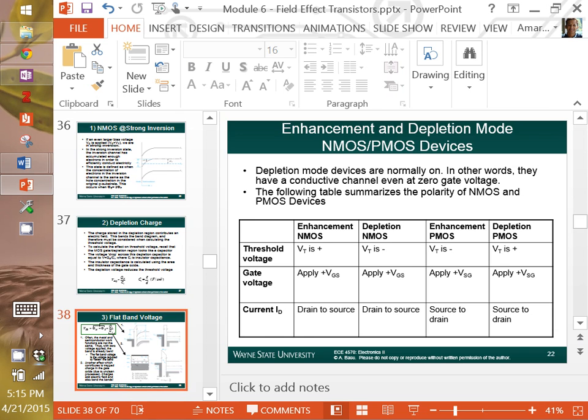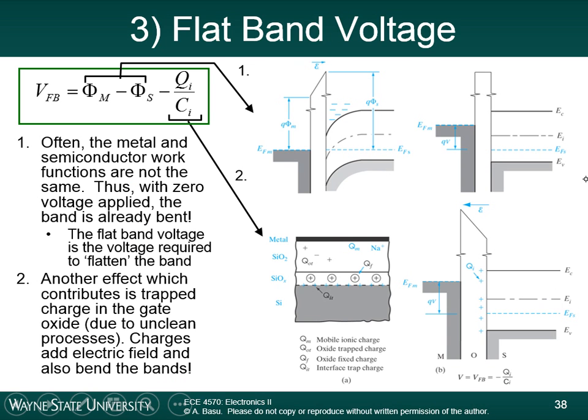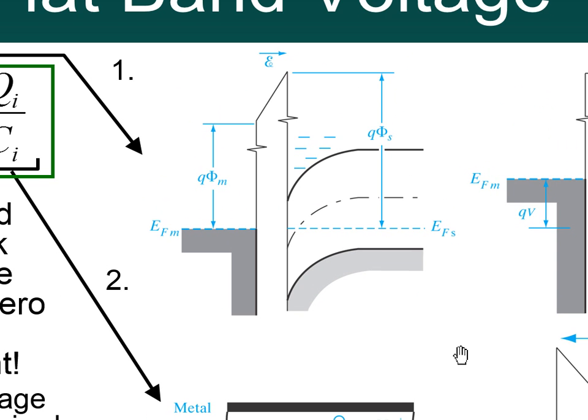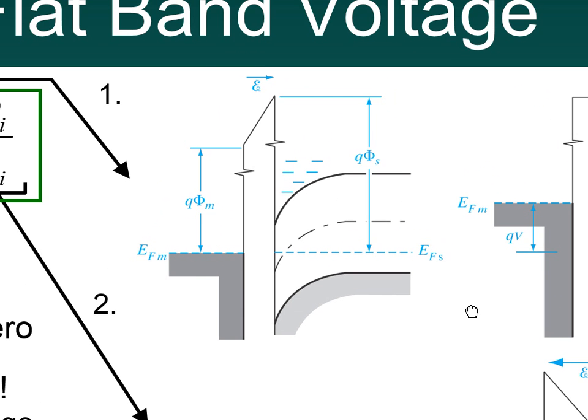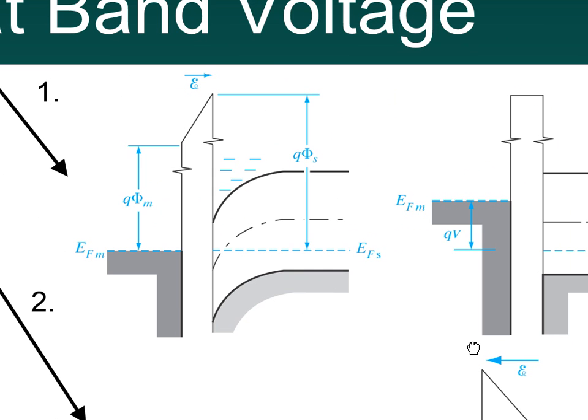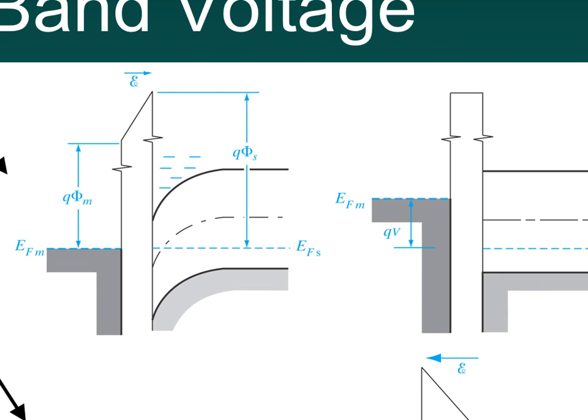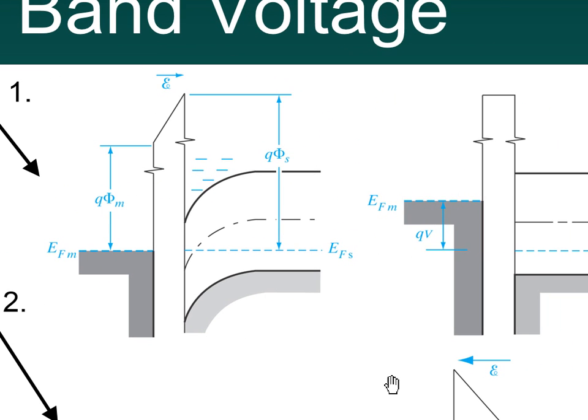So in this case, this is a depletion mode device. Even with 0 volts applied, we're at equilibrium, but we still have an inversion channel. So this device will be on all the time, unless we apply negative voltage to straighten out the band here.